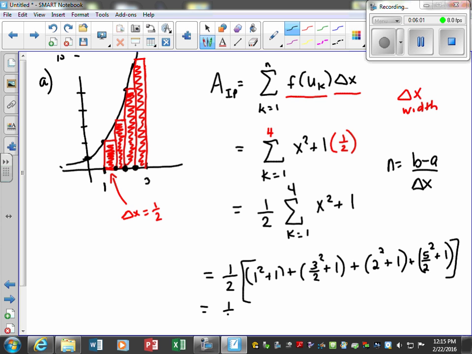So that's going to be 1/2. So 1 squared plus 1, and that gives us 2. 3/2 squared is going to be 9/4 plus 1, which is 13/4. 2 squared is 4 plus 1 is 5. 25/4 plus 1 is 29/4.